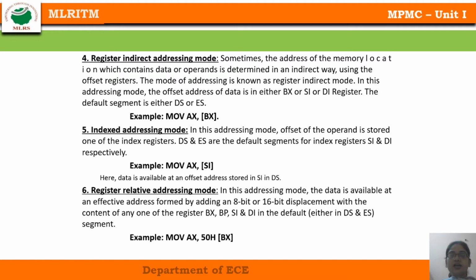For example, MOV AX, 50H[BX]. Here 50 is an 8-bit displacement and the content of the BX register is the offset address of a particular segment register, maybe DS or ES.